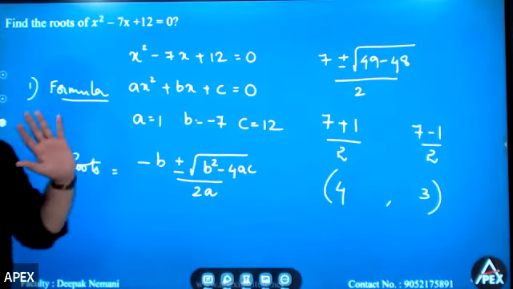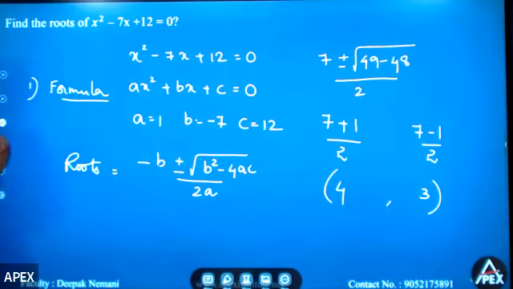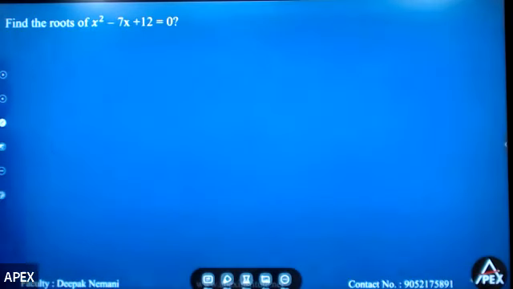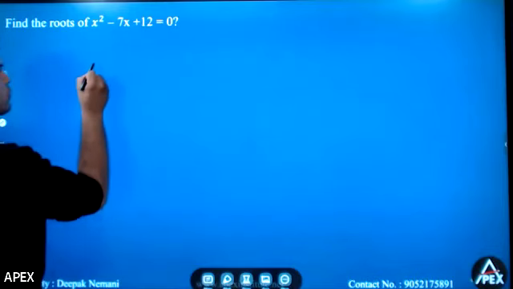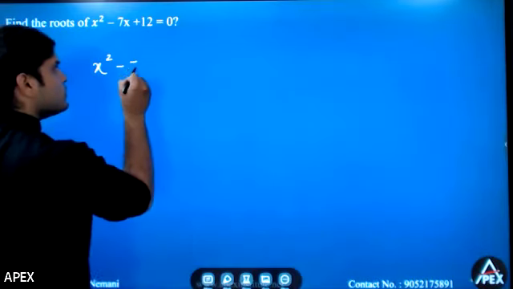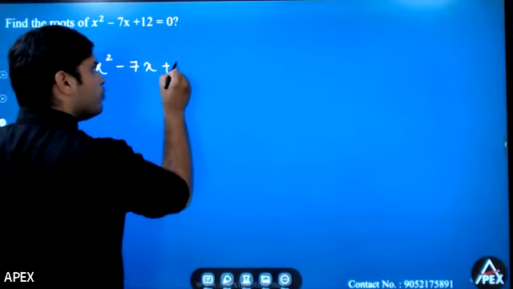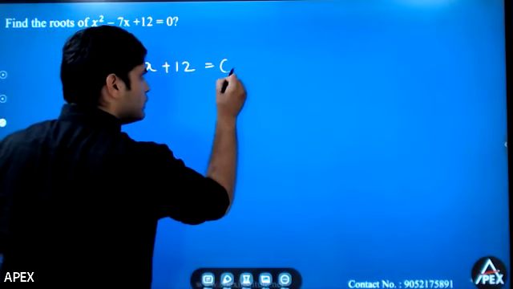So this formula method can be used for any quadratic equation. Clear? Now let's try to solve this question using factorization. Okay, so we are given with x square minus 7x plus 12 is equal to 0.